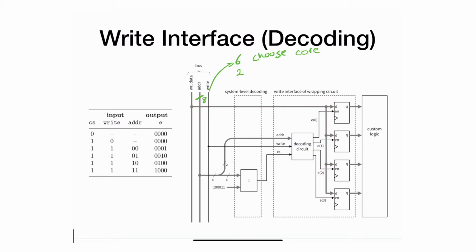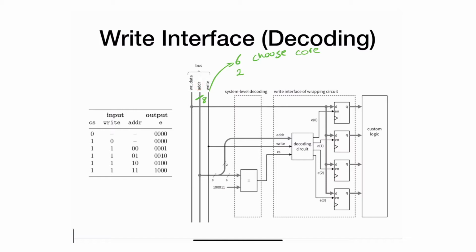So if I have 64 and each one of them has 4 registers, so 64 times 4, this particular wire is broadcasted everywhere. So every register you can think of receives this particular data. However, it doesn't act on it. What custom logic acts on it is specified by the address.